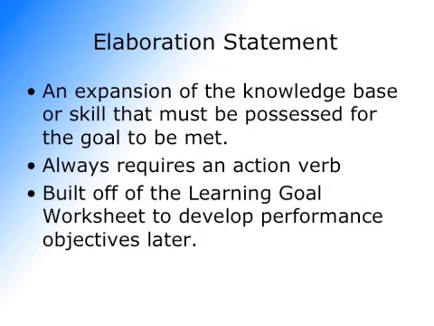The book references elaboration statements, and you're charged with providing somewhat of an elaboration statement, which is an expansion of the terminal objective and requires an action verb, which is based on the particular cognitive outcome or learning outcome based on Gagne's list. And all of these can be built from the learning goal worksheet.